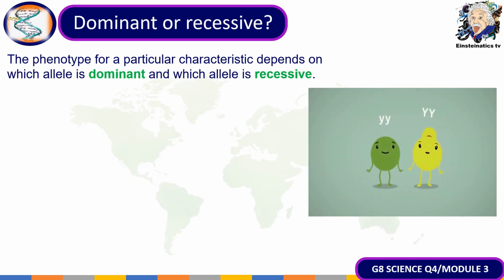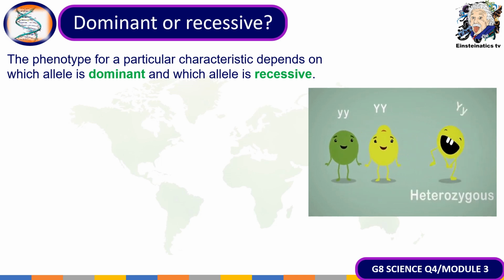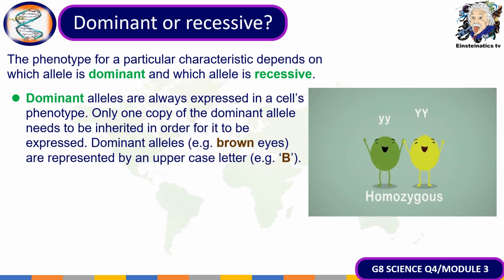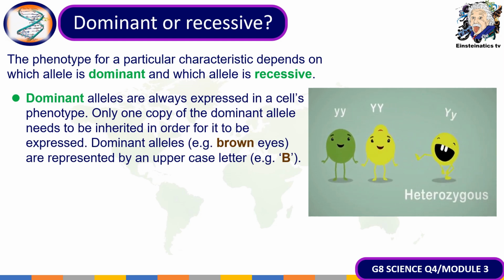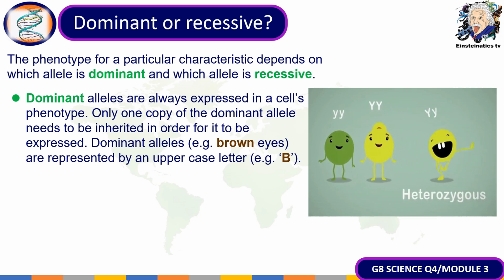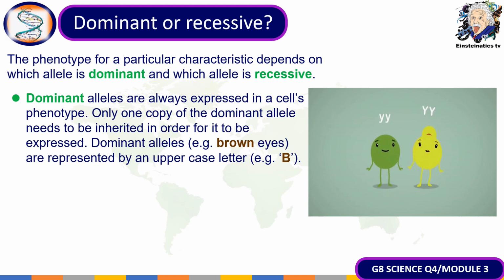It is also important to remember that the phenotype for a particular characteristic depends on which allele is dominant and which allele is recessive. Ano nga uli yung dominant? Yung dominant, as we all know, yan yung na-express or nakikita sa physical appearance of an organism. So usually, in genetics, yung trait for the dominant is being represented by an uppercase.